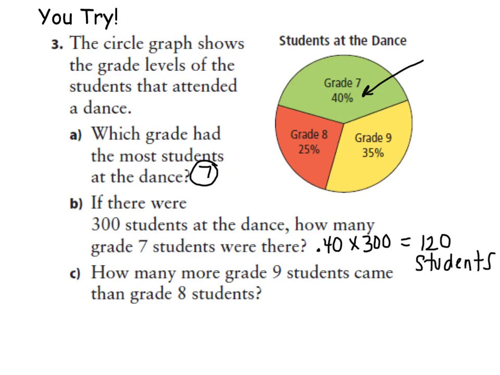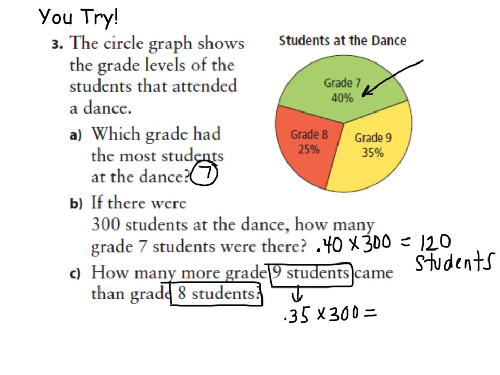Lastly, how many more grade 9 students came than grade 8 students? First, we need to calculate how many grade 9 students actually went to the dance, and then how many grade 8 students came to the dance, and then we can subtract them to see how many more. For grade 9 students, we know that 35% of the total number of kids went to the dance, and so that would be 105 students.